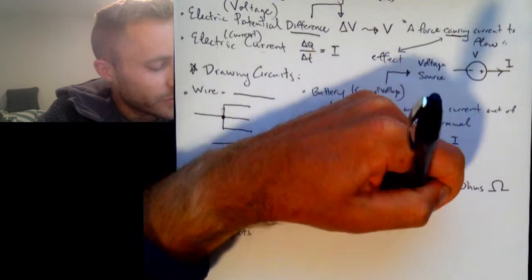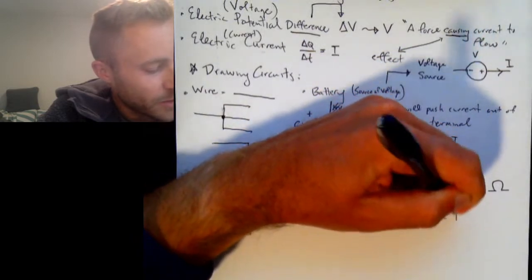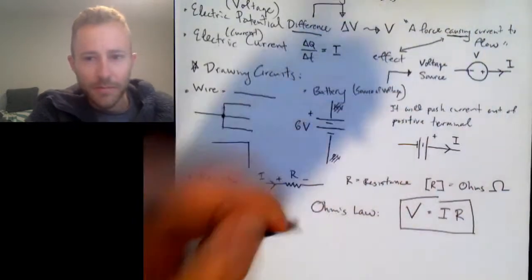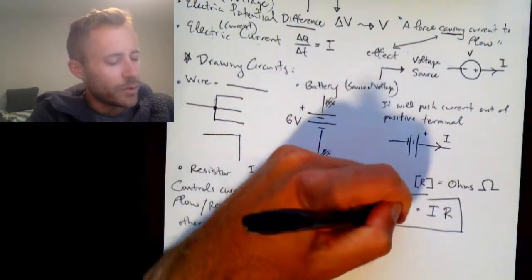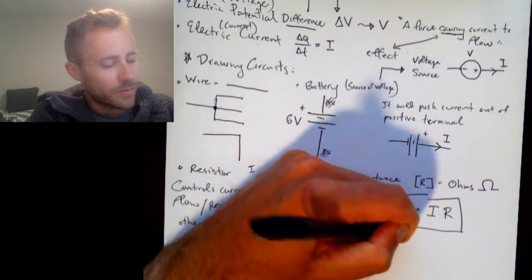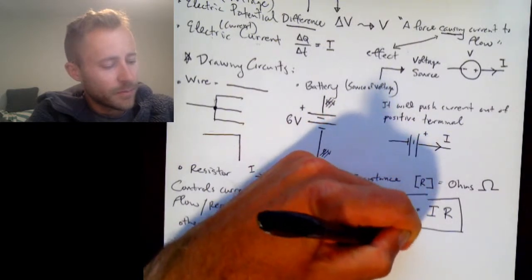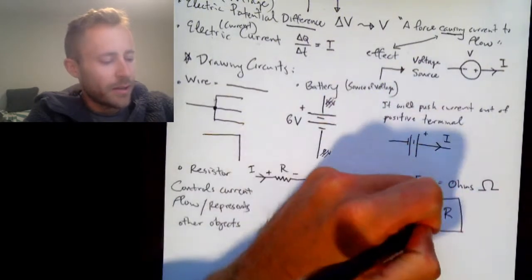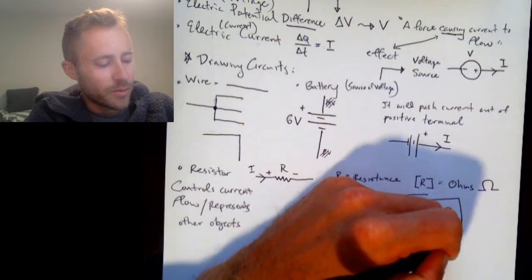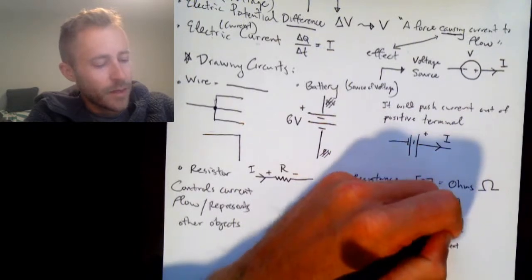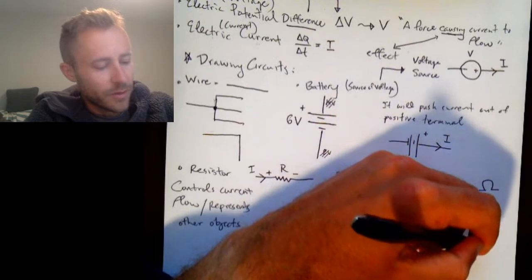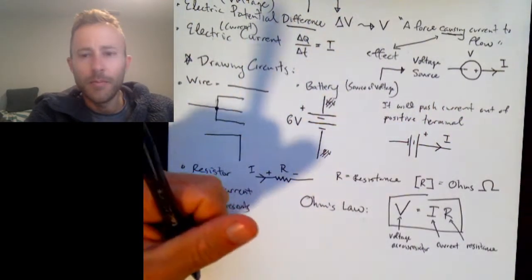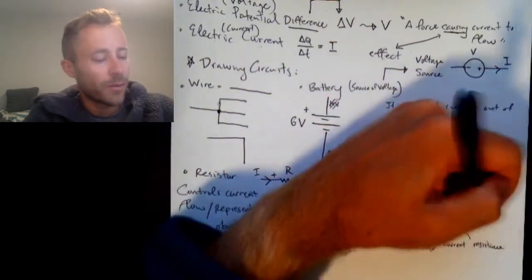And what it says is V equals IR, where V is representing the voltage across the resistor, I is the current through the resistor, and R is the resistance of the resistor. And we could, of course, rearrange this.